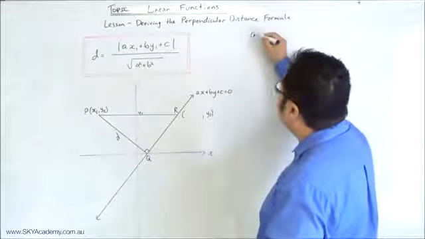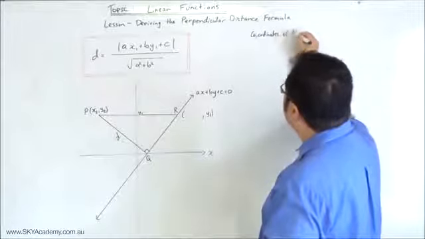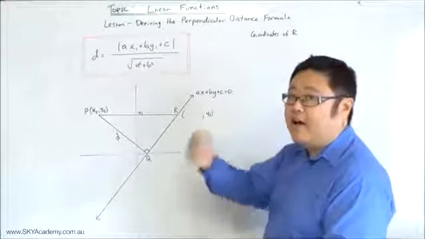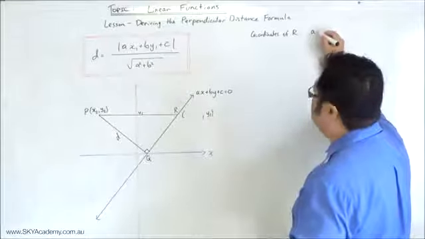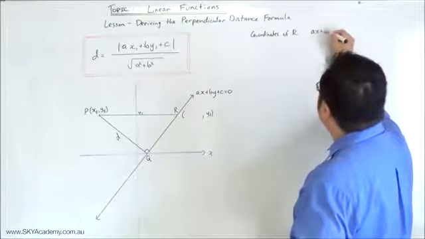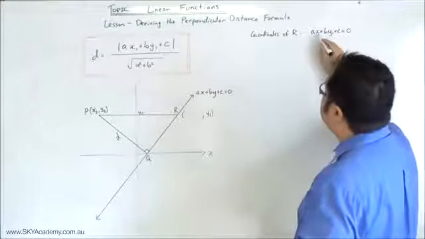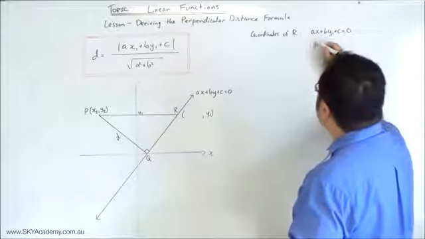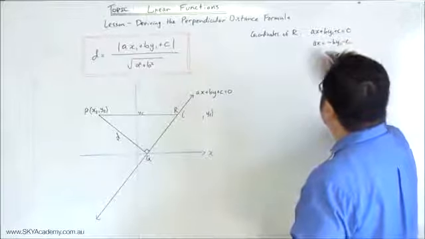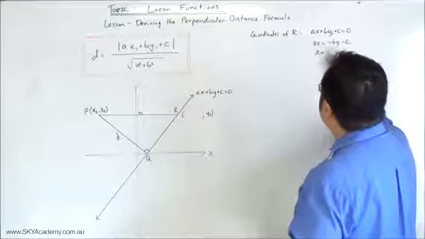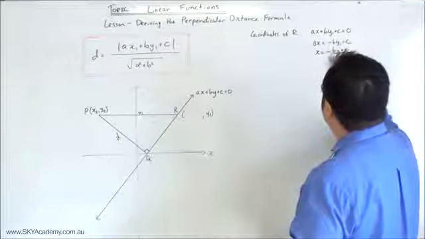So the coordinates of R are found by a x plus b y1 plus c equals 0, and then we just want to make x the subject of the formula, so ax is equal to minus b y1 minus c, so x is equal to minus (b y1 plus c) all over a.